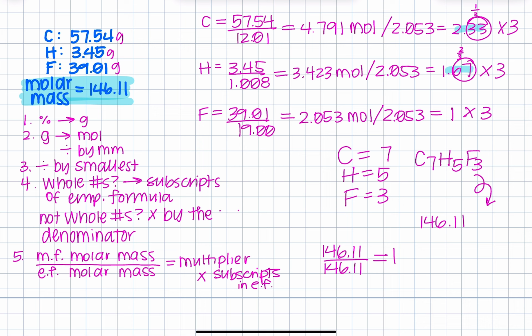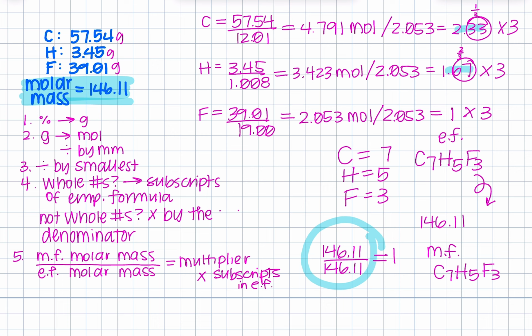That gives me a multiplier of 1, which means that my subscripts don't change and my empirical formula and my molecular formula are the same. You can either do this math or you can just recognize that those two are the same, so the formula has to be the same.